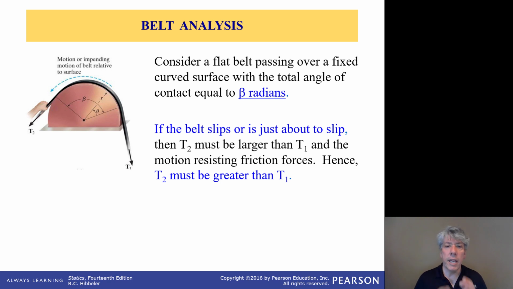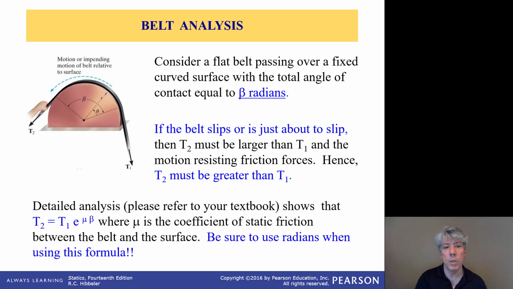And I'm sure you can find a tutorial on YouTube or wherever to tell you how to do that if necessary. Now, if we're at the point where the belt slips or is just about to slip, then the tension T2 must be larger than T1, because think about it, friction, we're pulling it right that way with our hand, for example. The friction is acting in the opposite direction, okay, because it's trying to resist that motion.